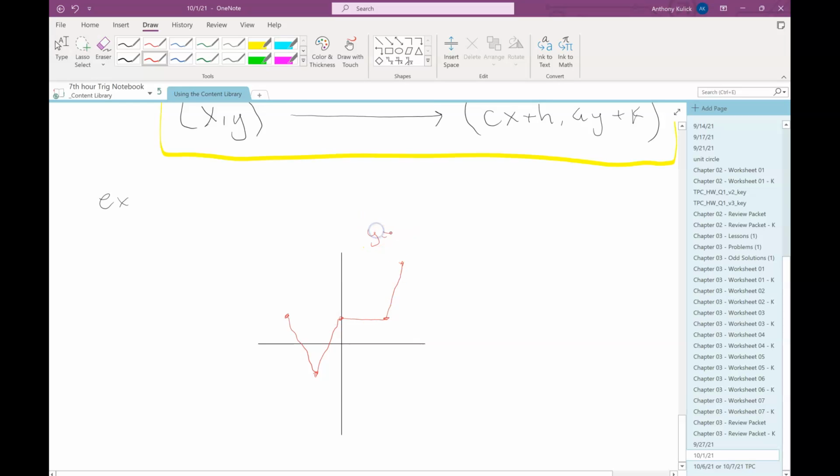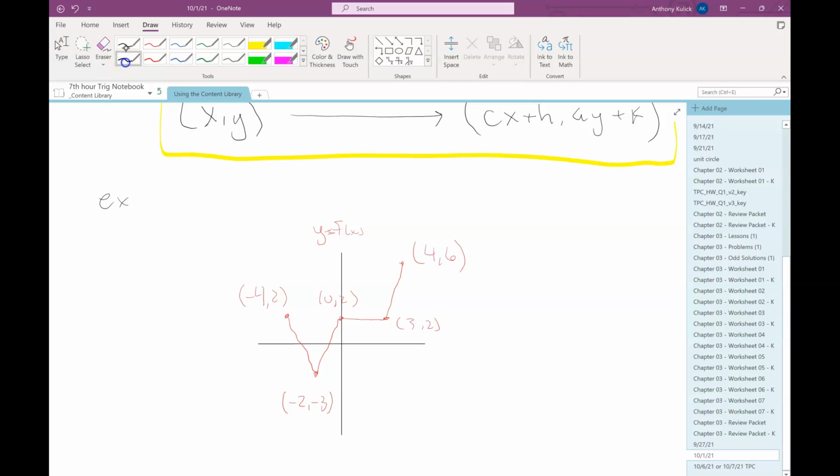Let's say that's my f of x. I'll write it here. Let's say the points on this function are, say, -4, 2; -2, -3; 0, 2; 3, 2; and 4, 6. Okay, so this is our example. That's our parent function.